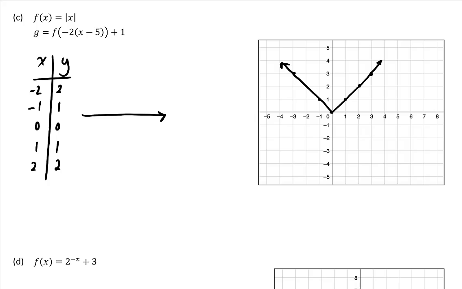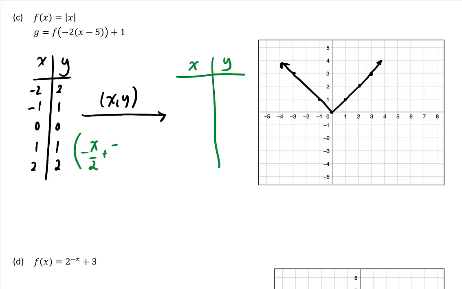Let's now get our transformed points. So again, x and y. So we have these points x and y, and we're going to convert them, first of all, by taking our x values and dividing by k and adding p. We're going to take our y values, multiply them by a, in this case a is 1, and then add 1.